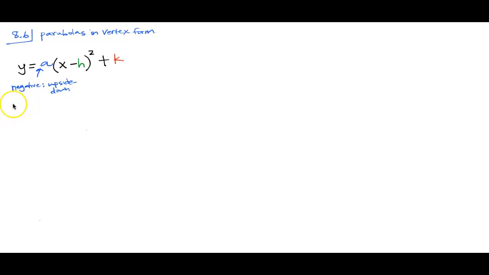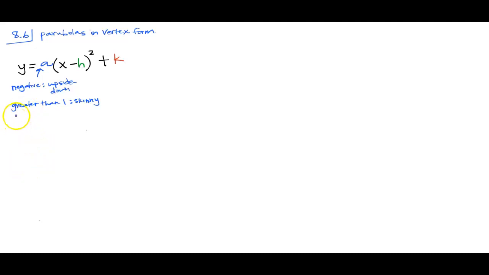So if the number is greater than 1, right? Even if it's like 1.1 or 2 or 10 or anything like that. So if it's greater than 1, that means that it is getting skinnier. All right, so it's really steep. It's going up a lot faster than it's going out.